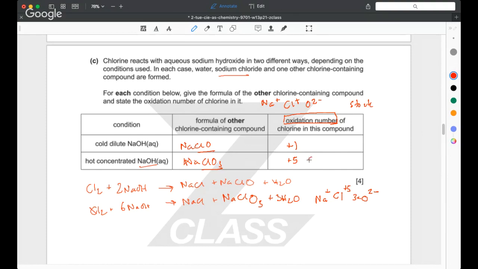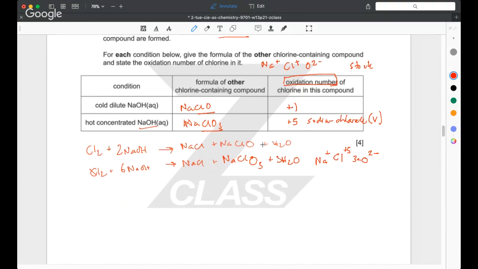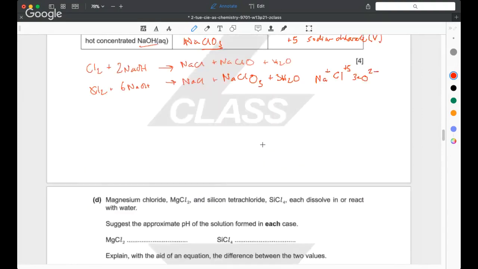If you're writing that out, you'd say sodium chlorate, and then put in brackets the Roman numeral for 5. Sodium chlorate(V) for this one, sodium chlorate(I) for that one. I didn't ask you the naming here, I'm just putting that in case you're expected to work out the name based on the oxidation number you've worked out in a previous step, using this Stock nomenclature naming system.